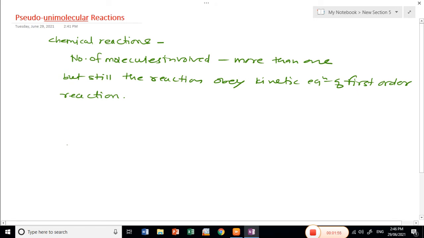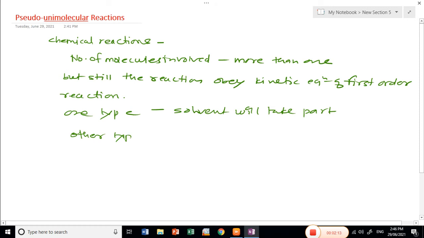Okay, so there are two types of pseudo reactions. In one type the solvent will take part, and in the other type catalyst will take part.